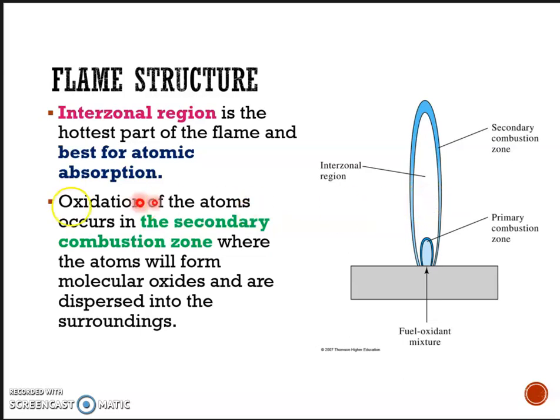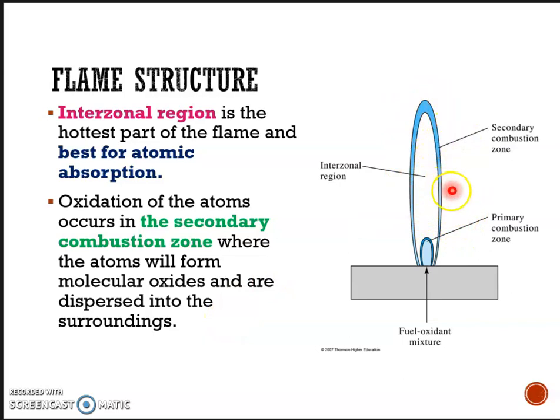Okay. And the second one is the oxidation, the secondary combustion zone. It is where the oxidation of atoms occurs. When the atom forms molecular oxide, it will disperse into the surrounding.